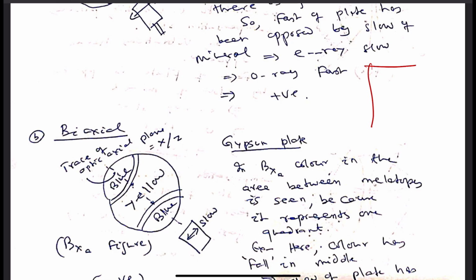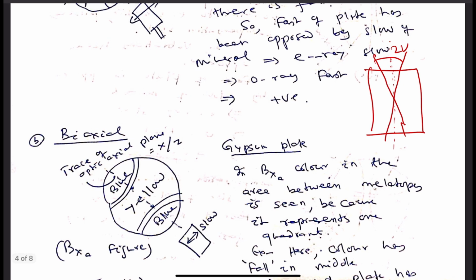If this is a biaxial mineral and these are the two optic axes, then this is 2V. The 2V may be bisected by X or Z. So if this is the acute angle, this will be the obtuse angle. So the obtuse angle is bisected by one axis, the acute angle is bisected by one axis.